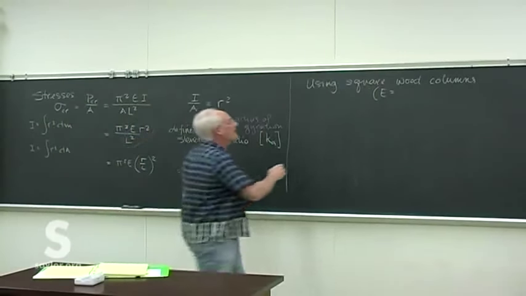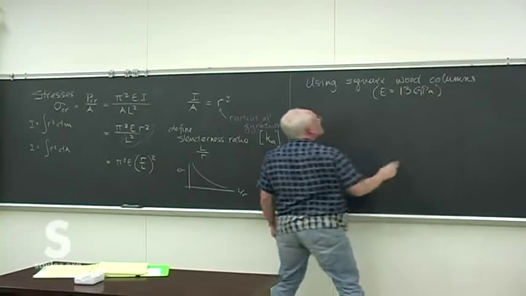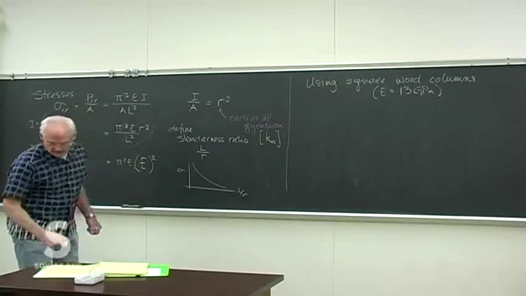So for wood, Young's modulus is about 13 gigapascals.